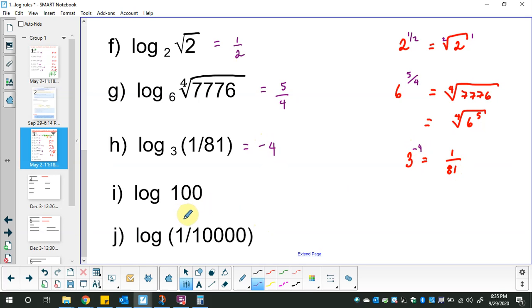All right, now a little thing about logarithms. If there is no number down here, it is a 10. And the reason it's a 10 is because our number system is based on base 10.